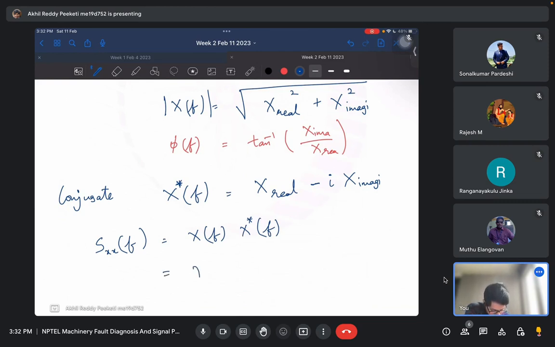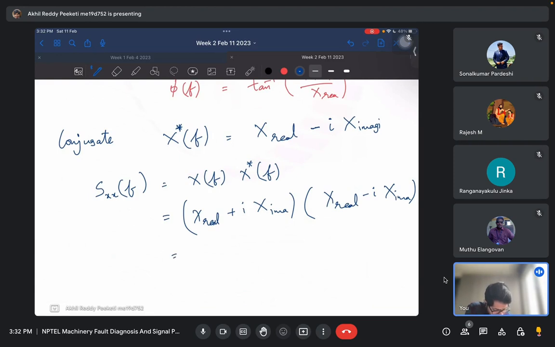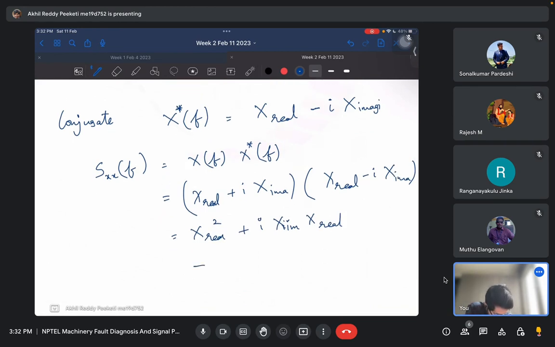So if you do that, x real plus i into x imaginary, into x real minus i into x imaginary, this would get x real square plus i into x imaginary into x real, minus i into x real into x imaginary, minus i square x imaginary square.